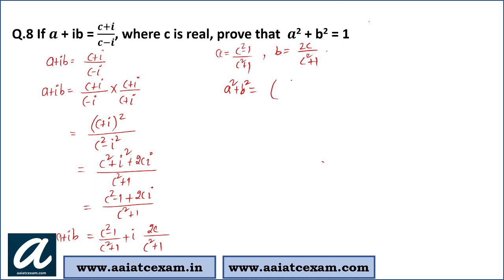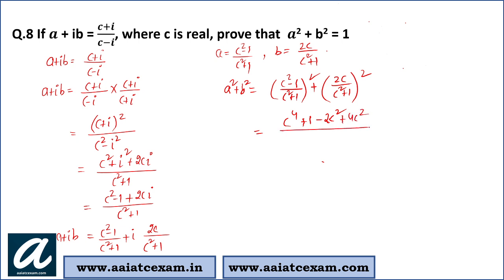It is c square minus 1 by c square plus 1 whole square, and then add 2c by c square plus 1 whole square. So this will become c raised to power 4 plus 1 minus 2c square plus 4c square, and in the denominator you'll get c square plus 1 whole square.